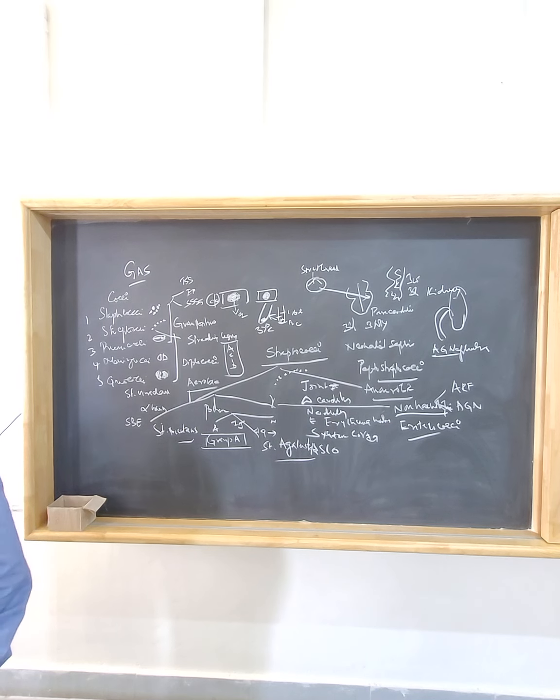All are very spreading lesions, and it also causes necrotizing fasciitis. That's why it eats the flesh, and sometimes you have to do rigorous treatment for this. Some people die of necrotizing fasciitis also. Non-pyogenic infection gives rise, after 3 weeks in 3% of cases, to acute rheumatic fever: Jones criteria, joint pain, subcutaneous nodules, erythema marginatum, and Sydenham chorea.